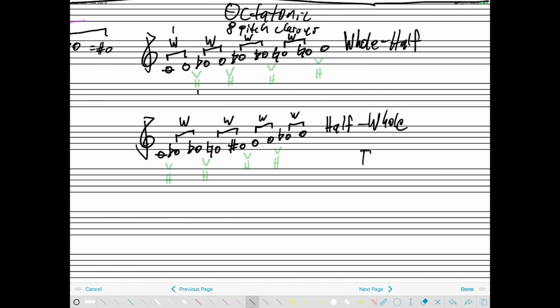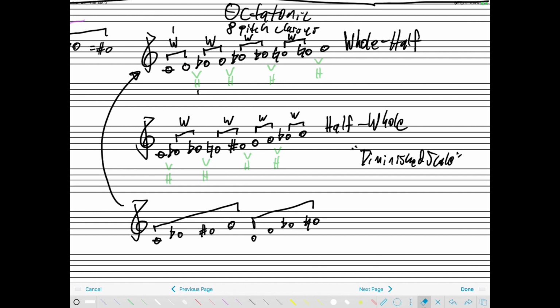It's also sometimes known as the diminished scale. It's known as the diminished scale because it's essentially the mapping of two fully diminished seventh chords. You could map two fully diminished seventh chords and you'd create this scale. So if I put these two chords together, C, E flat, F sharp, A, and D, F, A flat, B, and went back and forth between them, then I'd actually have this scale up here.